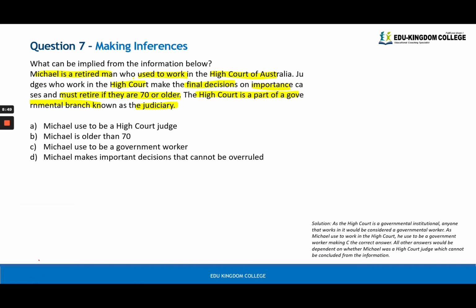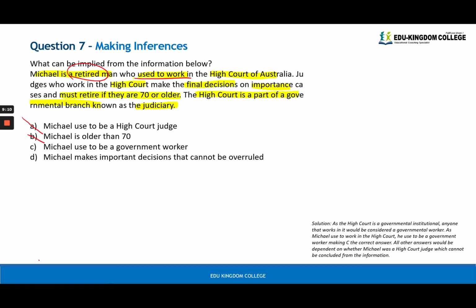A says Michael used to be a High Court judge. Now we can't imply A, because he's just a retired man who used to work here. For all we know, he could have been working as a secretary or a cleaner or a security guard, right? We don't know. Michael is older than 70. Again, we don't know.